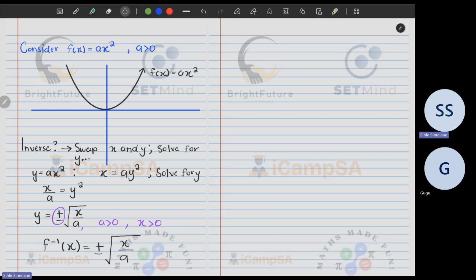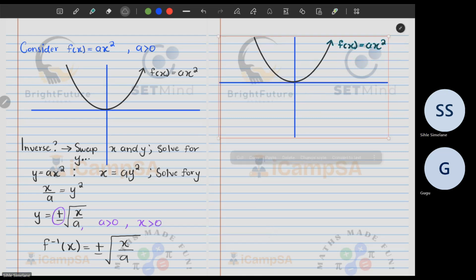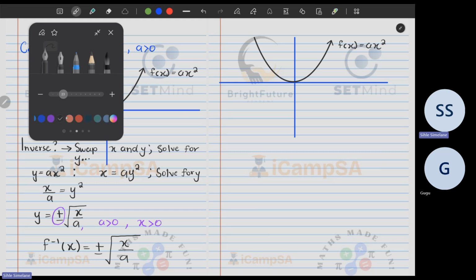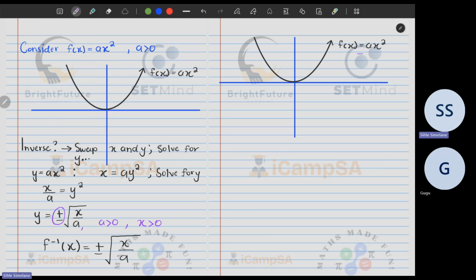Let's take the same graph now and put in our inverse. Let's paste it here. If we put in our inverse, which I'll make purple, it will be something like this.